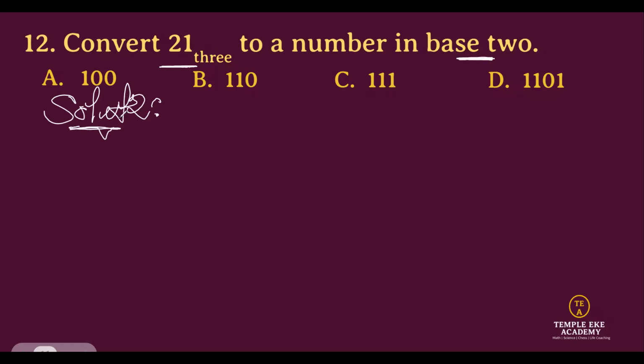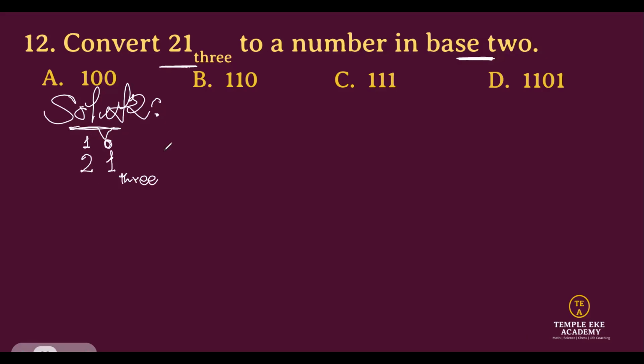So let's take 21, and the method is expansion. It is in base 3, of course. Let's write the powers or exponents, 0, 1 towards the left.